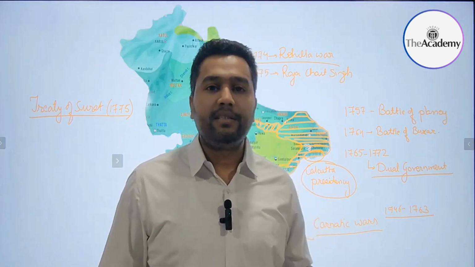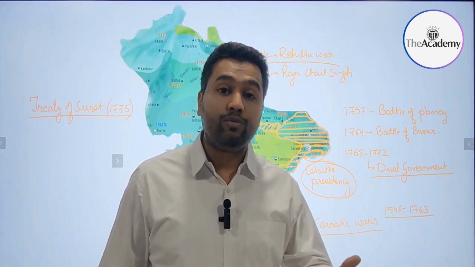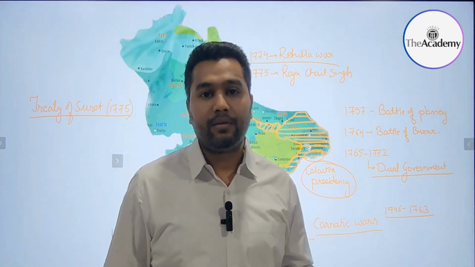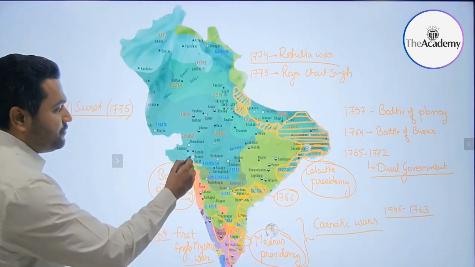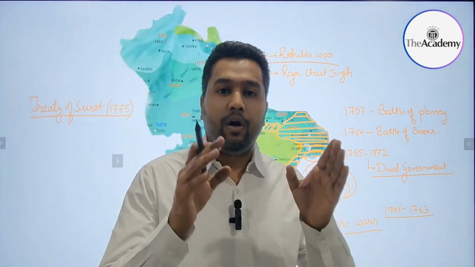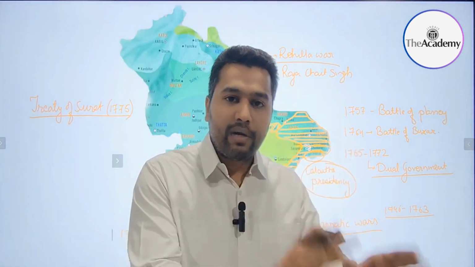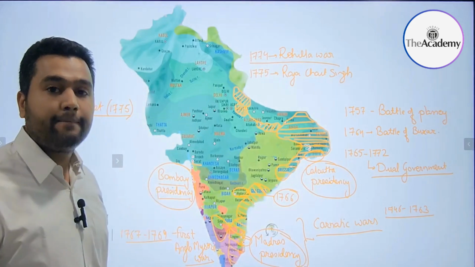Now, Warren Hastings had come to India with a clear mandate not to indulge in warfare. However, when Bombay Presidency decided to stand for the cause of Raghunath Rao, a war started between the Marathas and the British and the Bombay Presidency.